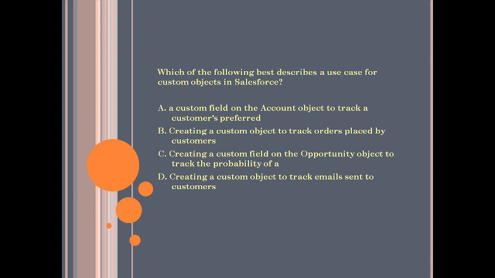This is about a field, but the question is asking about a custom object. Option D, creating a custom object to track the emails sent to customers. So option B is the right answer: creating a custom object to track the orders placed by the customers.